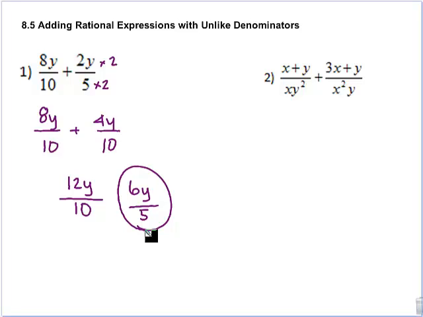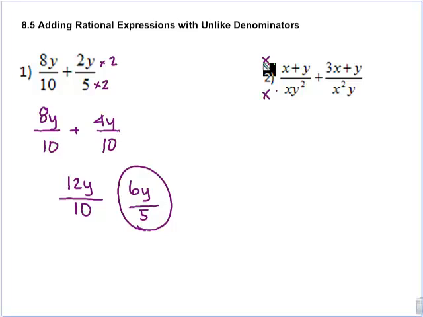Here we have an xy squared, here we've got an x squared y. First off, in the second denominator, how many x's do we have? We've got 2 of them. How many do we have in the first denominator? Only 1, which means we need another 1. So we'll multiply the first one by x for sure.